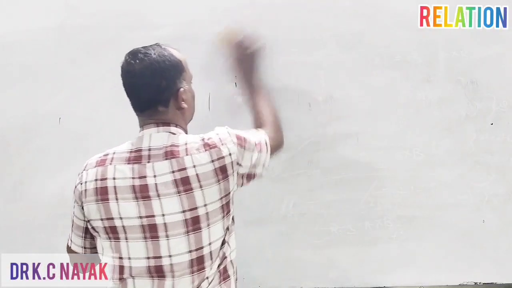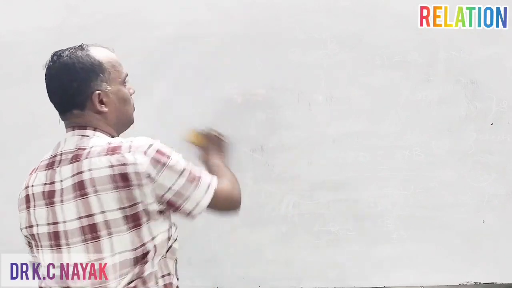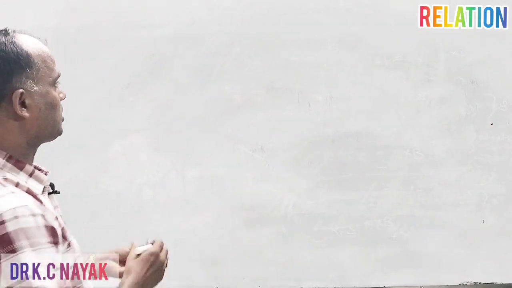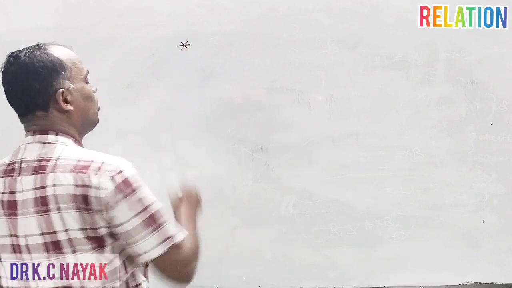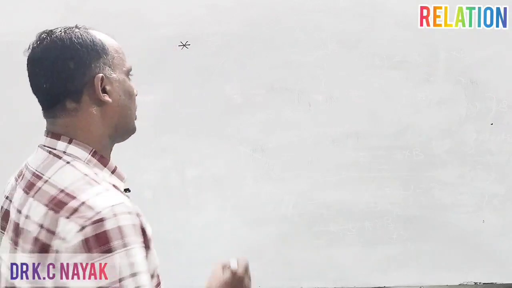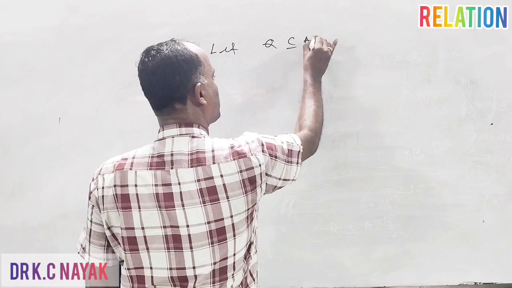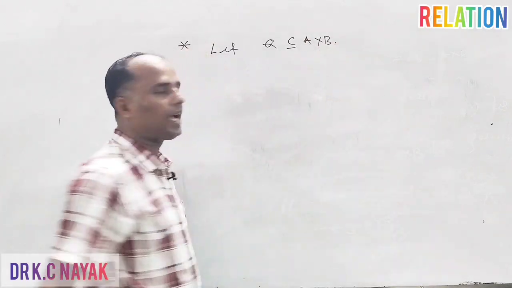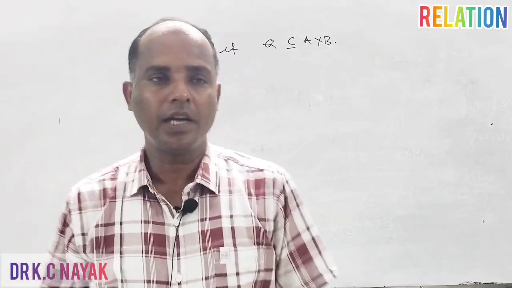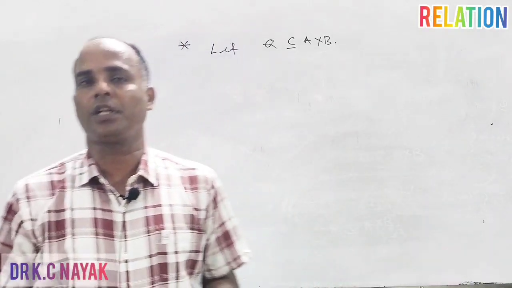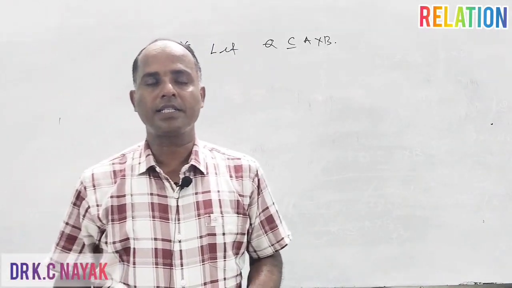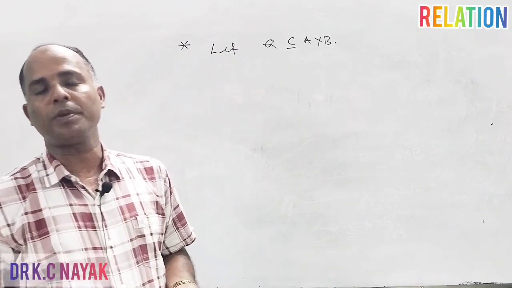Now here is the question: which is the smallest relation from A to B? You already know that phi is a subset of A cross B. According to the definition, any subset of A cross B is a relation.